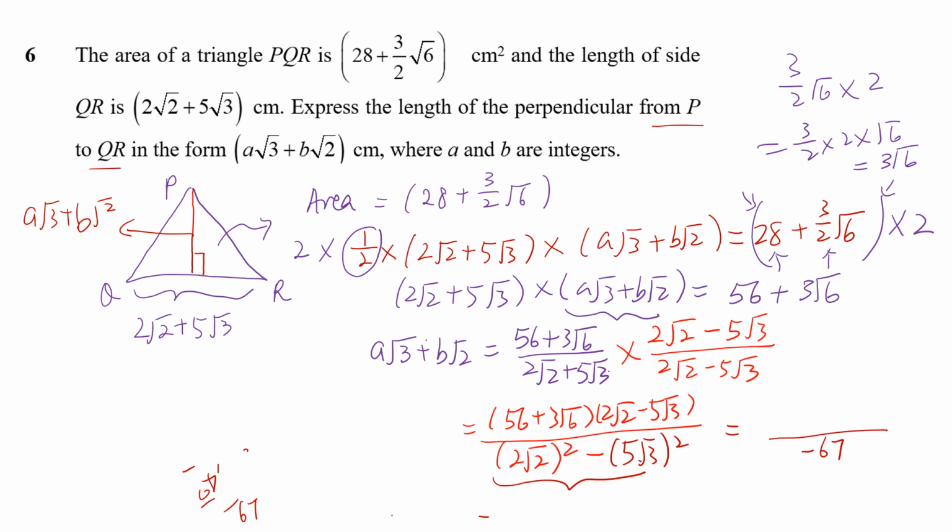Okay. And let's simplify your numerator. So your numerator will be 56 times 2. 56 times 2 would be 112 square root 2 plus 3 times 2 is 6. 12 minus 6 times 5, 280.